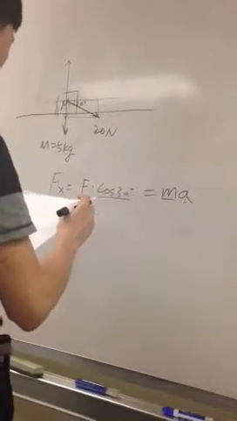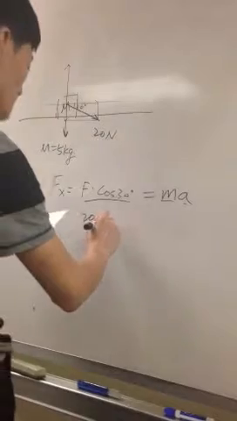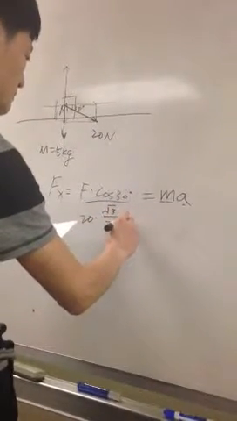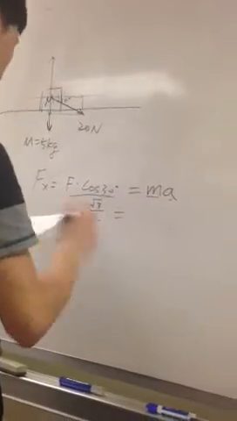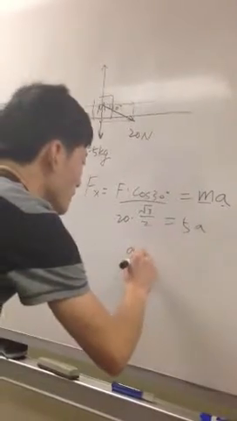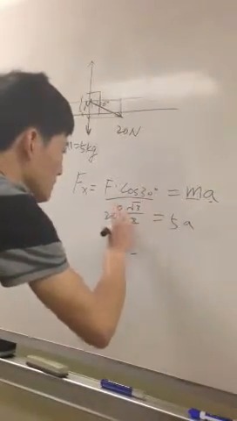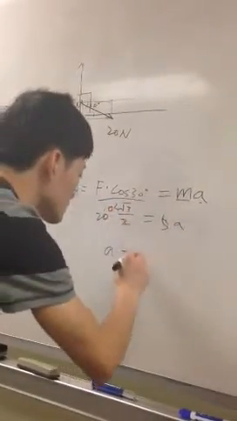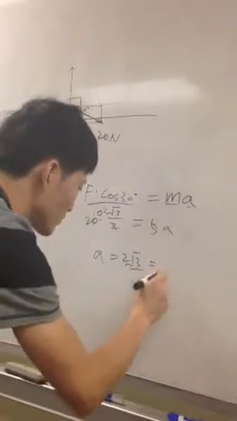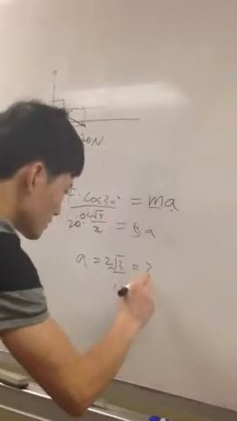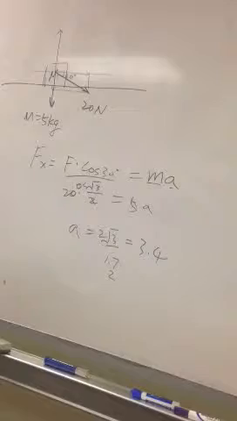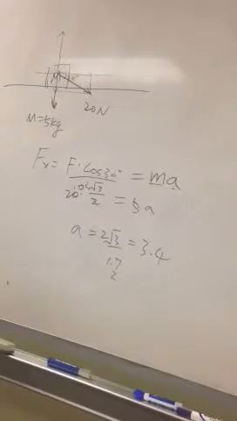It will be 30 degrees, cosine 30. The mass is 5. 10, 2 is like around 1.7, so it's 3.4. Could be E, that's the most close one.